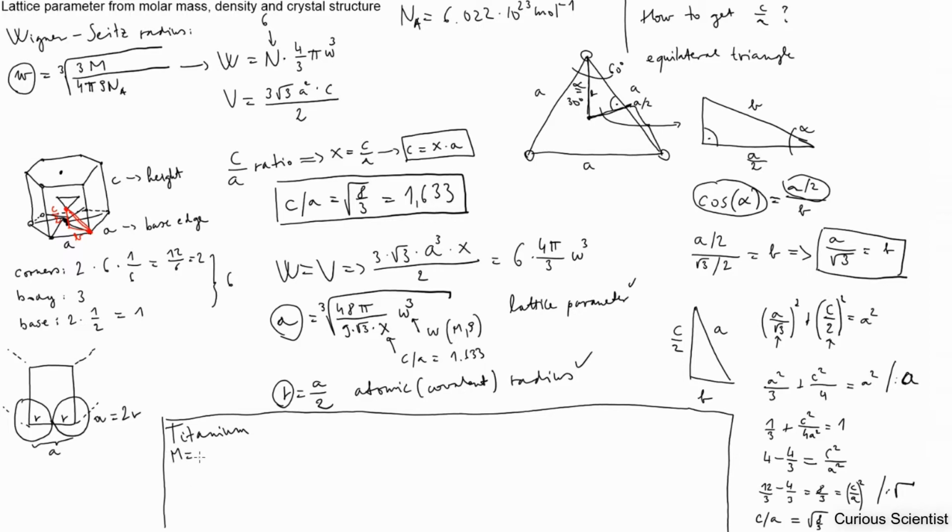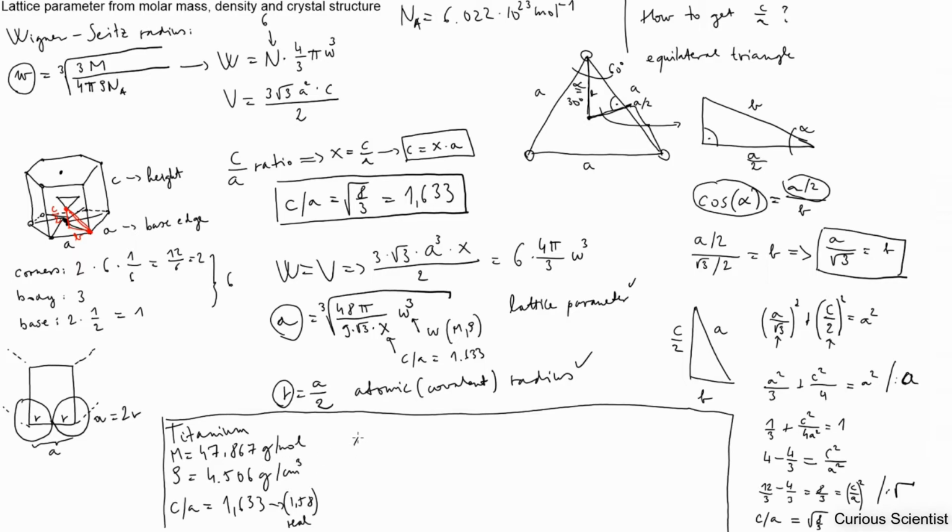We need the mass, which is 47.867 gram per mole, and then we need the density, which is 4.506 gram per cubic centimeter, and C over A. We can use the theoretical. I will use that now, but in reality it is slightly different. If I remember correctly, it's something like this. So it's smaller than the real.